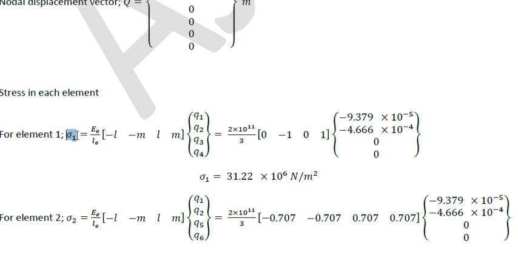The stress sigma 1 is E by L1 into minus L, minus M, L, M. Here L and M should be the direction cosines of the first element, which are L is 0 and M is 1. So Q1, Q2, Q3, Q4, because degrees of freedom for the first element is 1, 2, 3, 4.